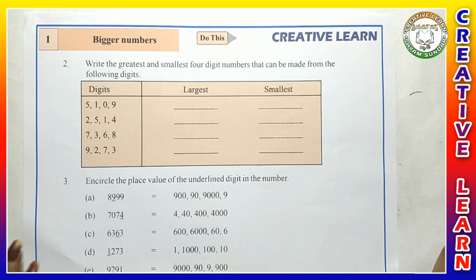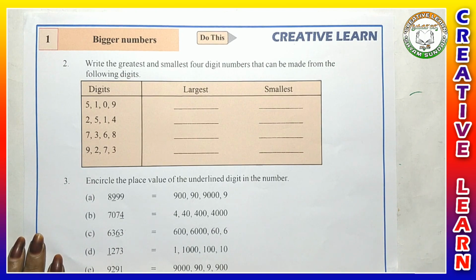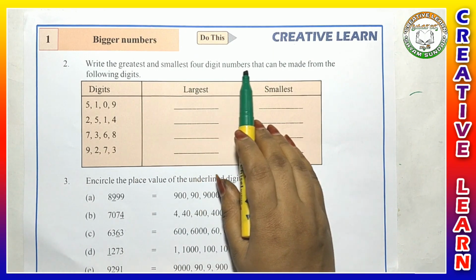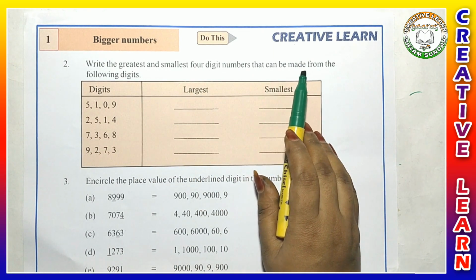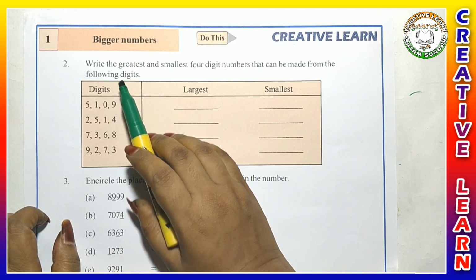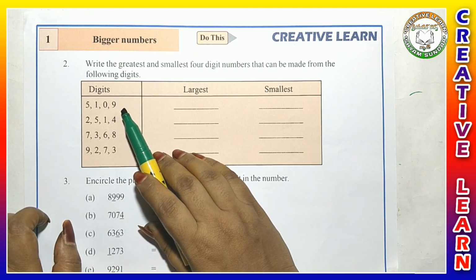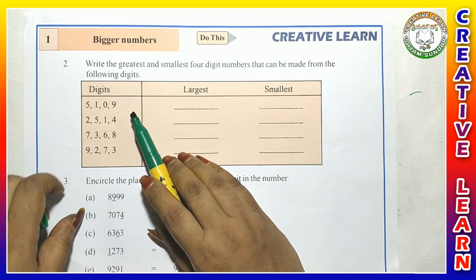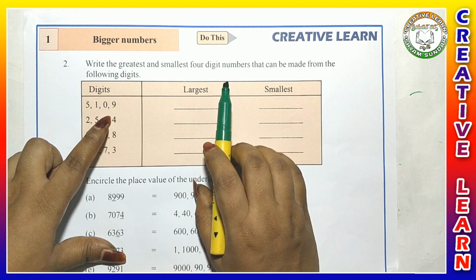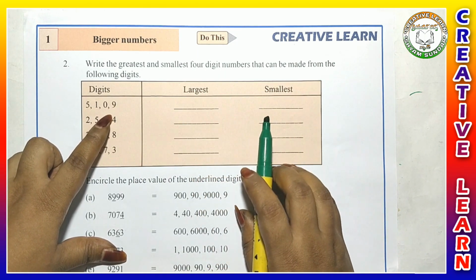Okay, here next bit. Write the greatest and smallest 4-digit numbers that can be made from the following digits. Okay, here some digits are given. From these we have to form the greatest and smallest 4-digit number.